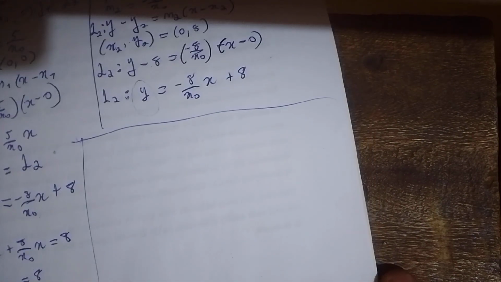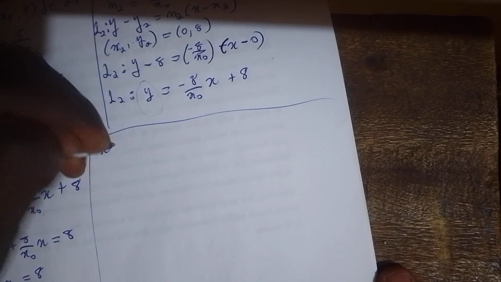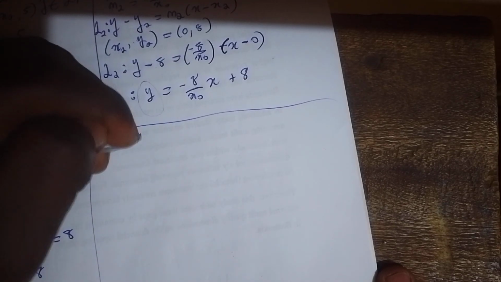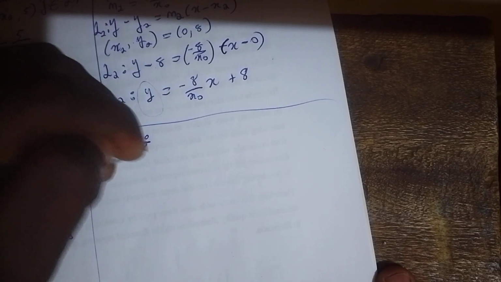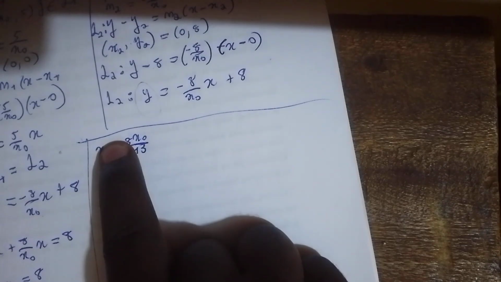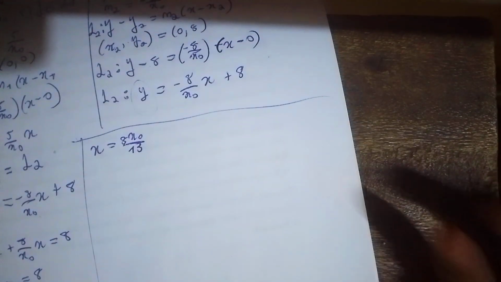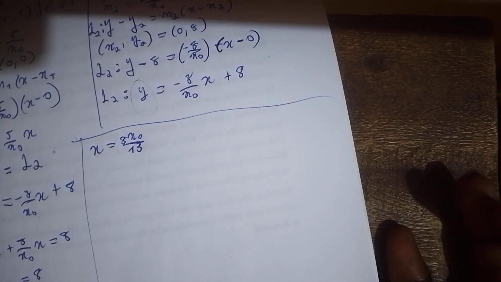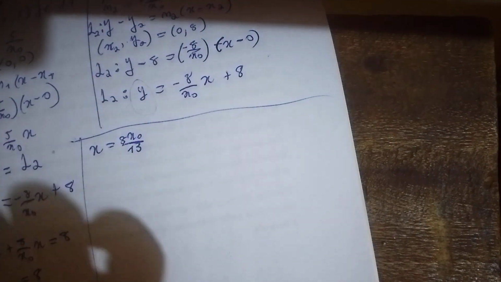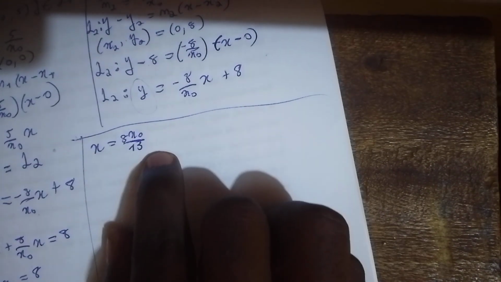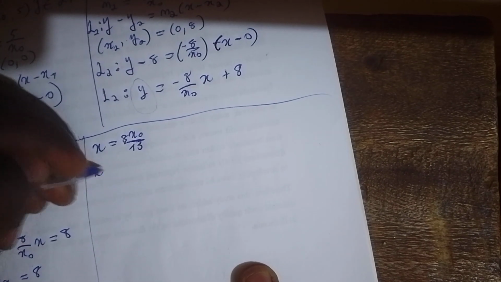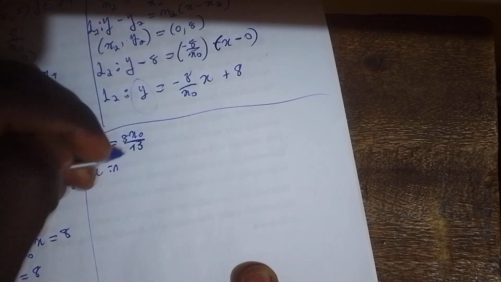So observe this. If we have x equals 8x naught all over 13, what does that imply? We can plug this into any of these equations because they're exactly the same at point P. Plug this into any of these equations to get the y coordinate. This corresponds to the x coordinate. So, I'll choose line 1, it's simpler.